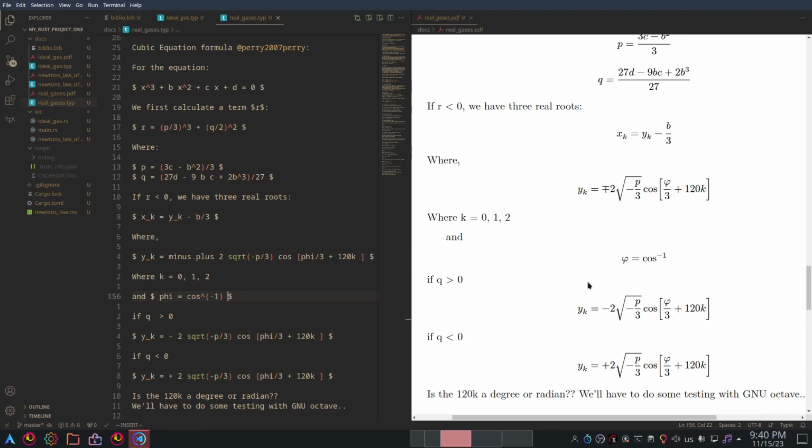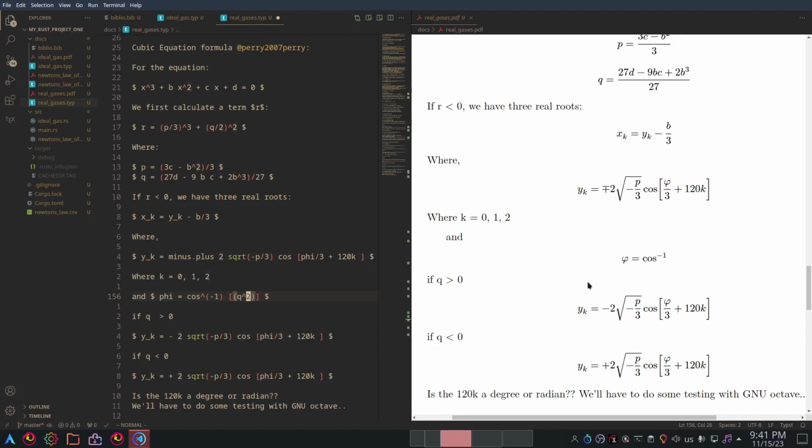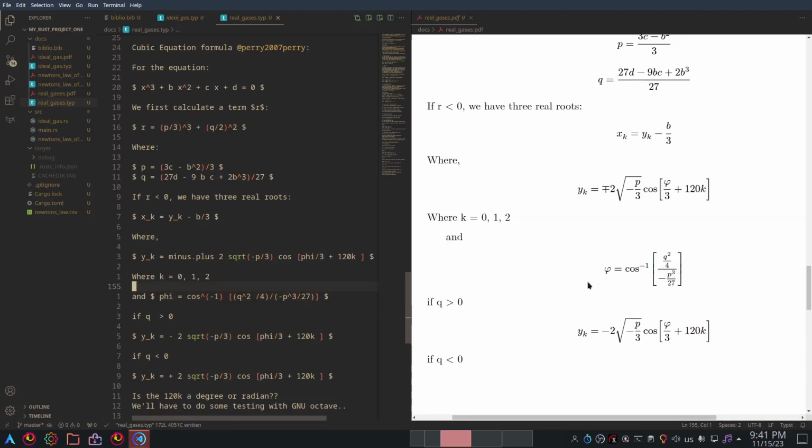So this again doesn't look too savory, but you know, we'll deal with it. Okay, so q squared over 4 divided by minus p cubed over 27. So this is what we have here.